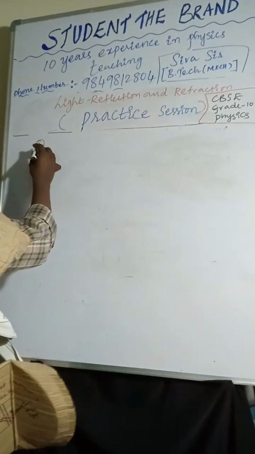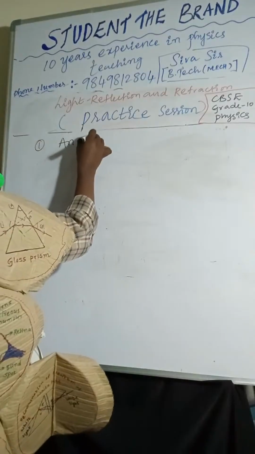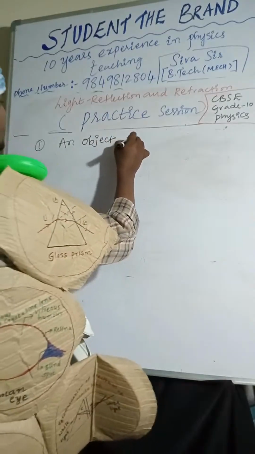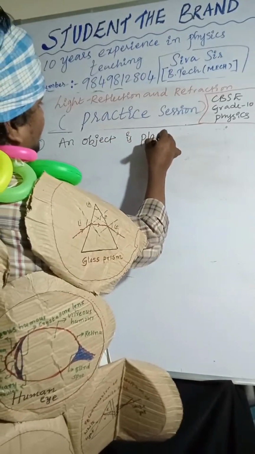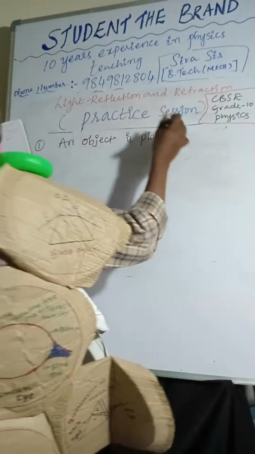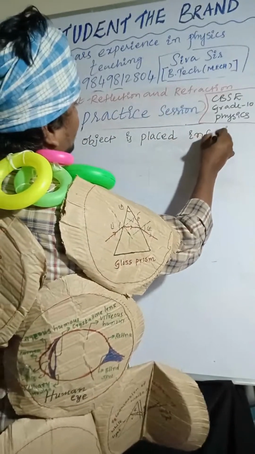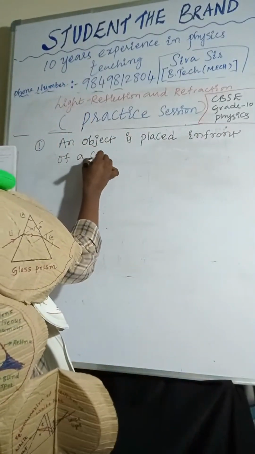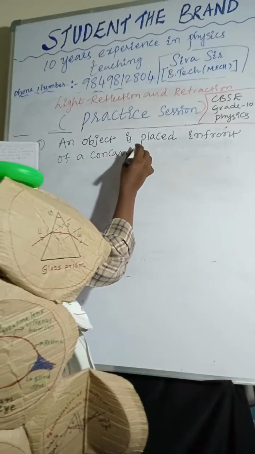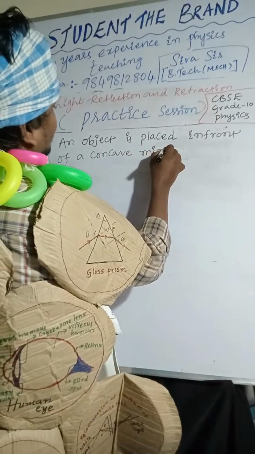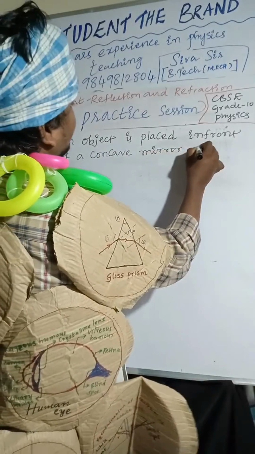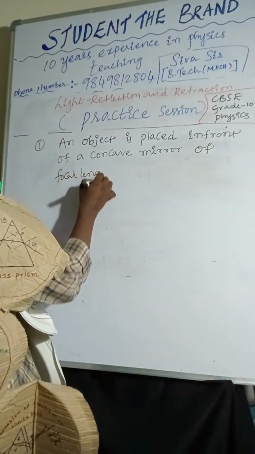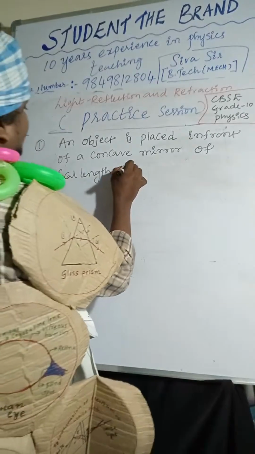Question number one. An object is placed in front of a concave mirror of focal length 30 centimeter.